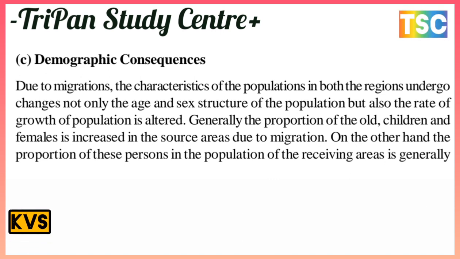Generally, the proportion of children and females is increasing in the source area due to the migration. On the other hand, the proportion of this group in the population of the receiving area is generally lower.